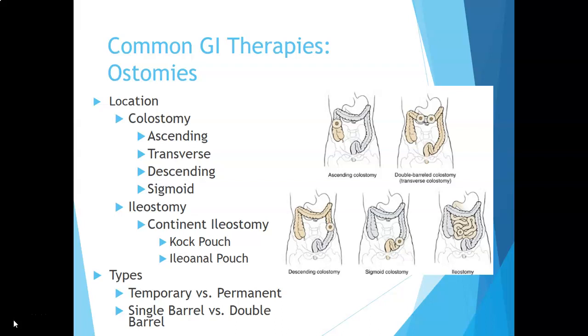Just know some, especially transverse colostomies, maybe a loop colostomy, which is also referred to as the double-barrel colostomy. Usually it's reserved for when there are plans of reversing that colostomy. That's all I want to say about ostomies for right now, different types at least.